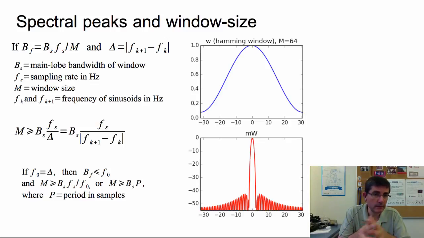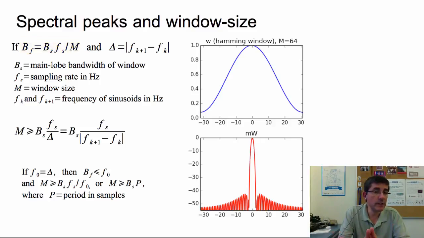The bandwidth of the main lobe is B sub f, expressed in hertz, so that would be the main lobe bandwidth of the window in hertz, and that's defined as the product of B sub s, the main lobe width of the window expressed in samples, multiplied by the sampling rate, and divided by the window size. And so that would be the width of the main lobe.